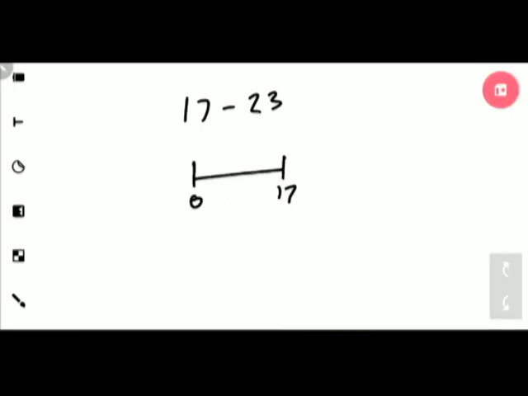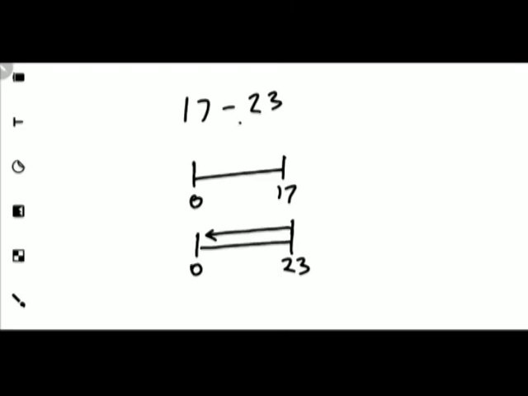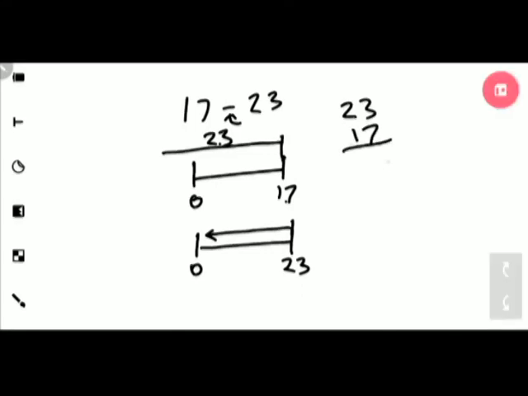That's our starting point. 0, 23, but we need to go backwards because of the subtraction. So go backwards 23 spots. Since 23 is bigger than 17, we know we're going past the 0 mark. So when we find the difference, we know it has to be a negative 6 because it's in negative territory. It can't be a positive 6 because this number is bigger than that one.